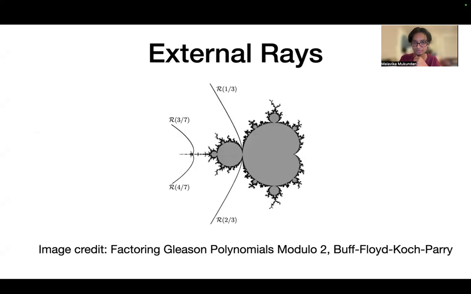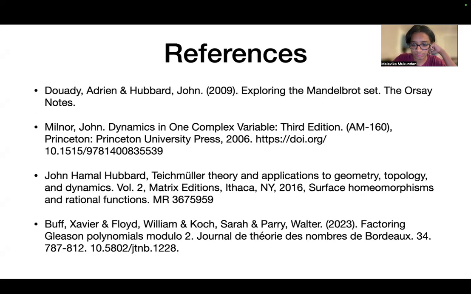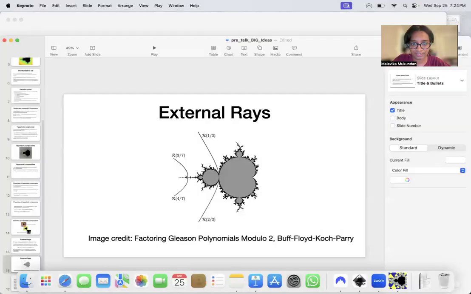I think a visualization would be good. If my angle theta is 1 over 3, for instance, I'm looking at the radial line of the form r e to the power 2 pi i times 1 over 3. Near infinity, it's coming in from this direction. Asymptotically for the Mandelbrot set, it's also coming from this direction.